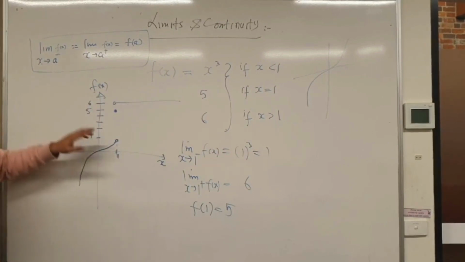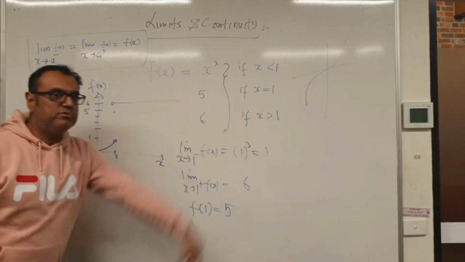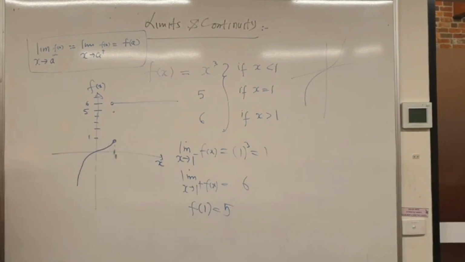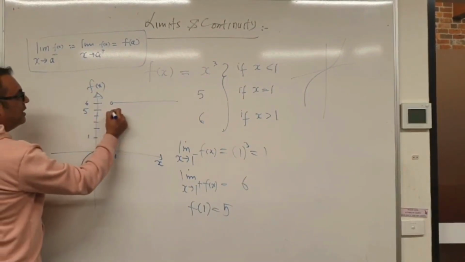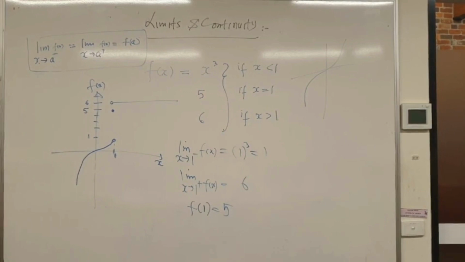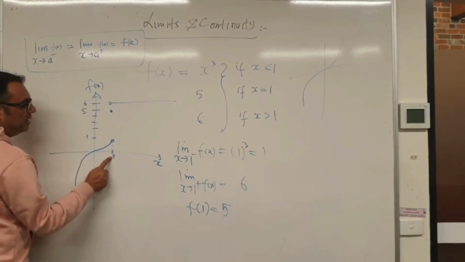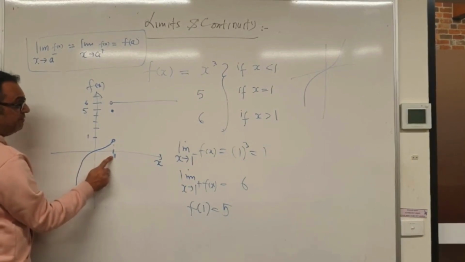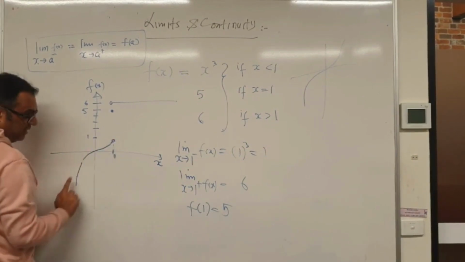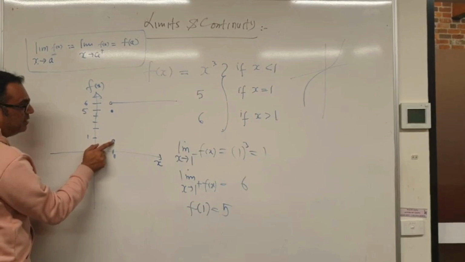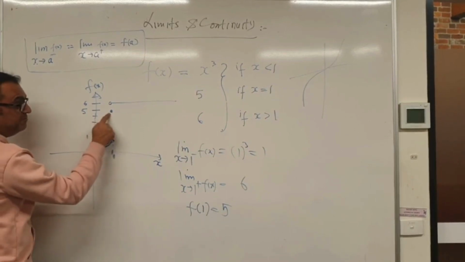So looking at this graph, if I just take that off from the board and give you this graph and ask, can you tell me, is this function continuous? No, not on earth, because at 1 it should have given me a 1 if I were to follow from the left, but at 1 it's giving me 5.